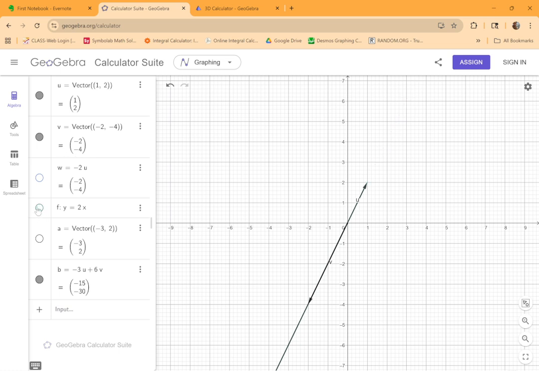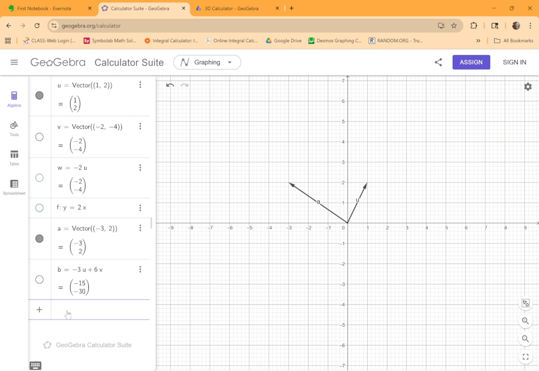So now let's say I had another vector, maybe still with u, but now let's say our other vector is this a. Vector a is this vector (-3). So now we see that this one is not along that same straight line that u was, and it's not a scalar multiple.